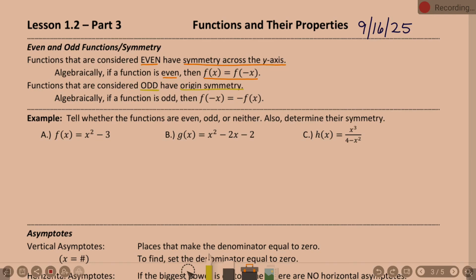If something is symmetric about the origin, I think of it in terms of 4 quadrants: you can reflect it across the y-axis and then also across the x-axis, so it ends up reflected in a diagonal quadrant. An example is going to be the best way for me to show that. But that's origin symmetry.